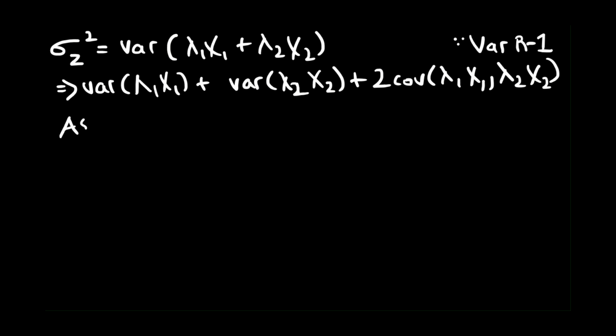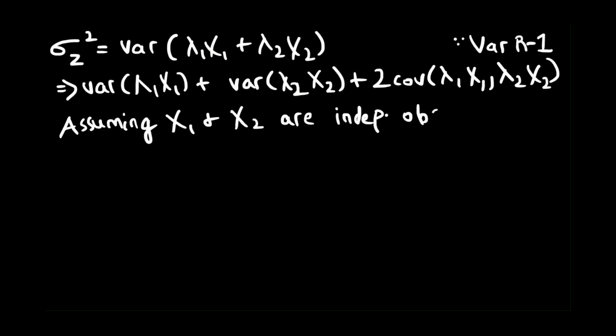Assuming X1 and X2 are independent observations, their covariance equals 0. So this third term is going to disappear, and we're left with the first two terms.